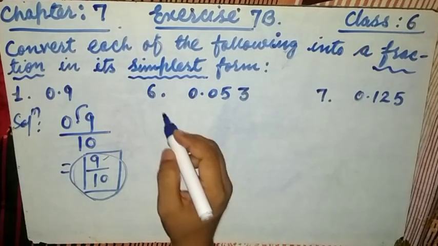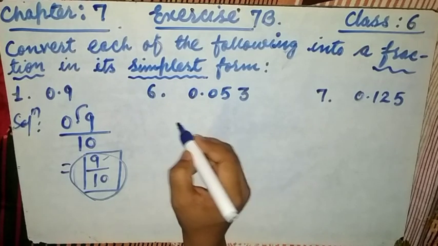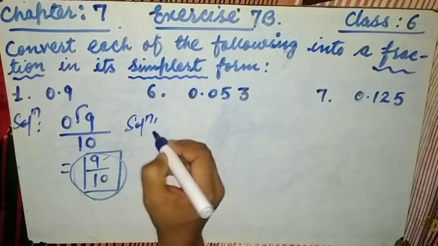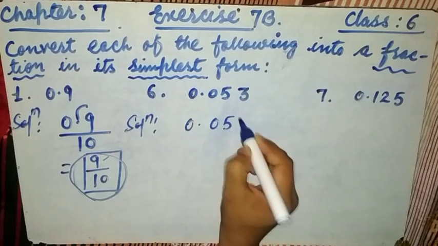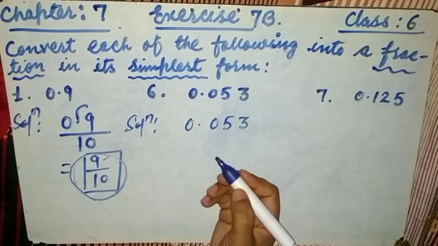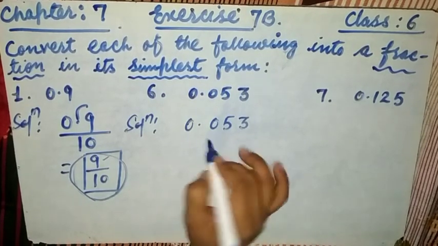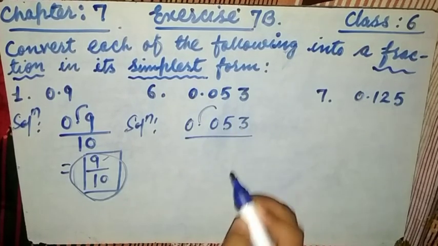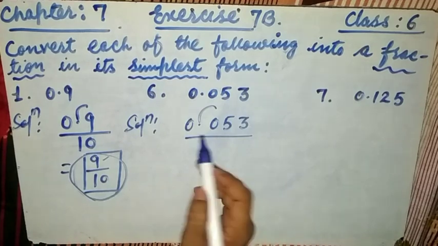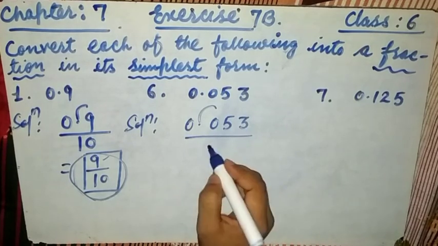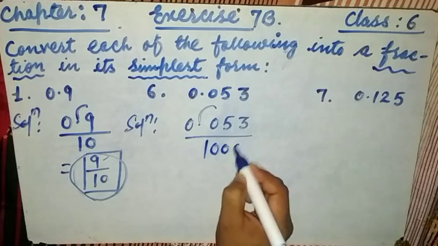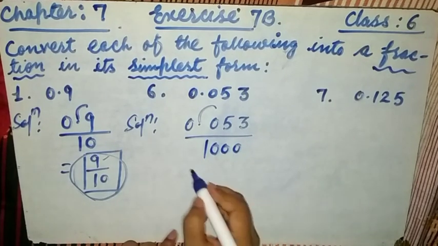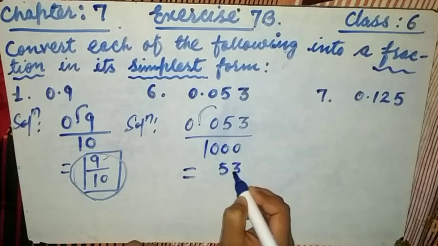Now see question number 6. Write the solution 0.053. Have a look friends. First we have to remove this decimal point and count how many digits are after the decimal point. 1, 2, 3. 3 digits means 3 zeros with 1, so we can write 53 divided by 1000.